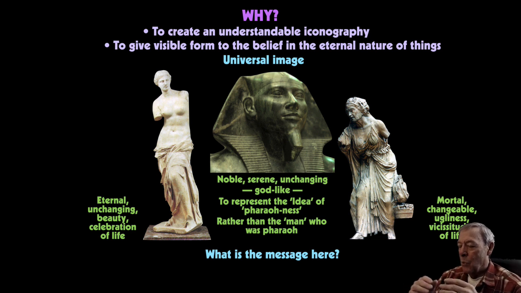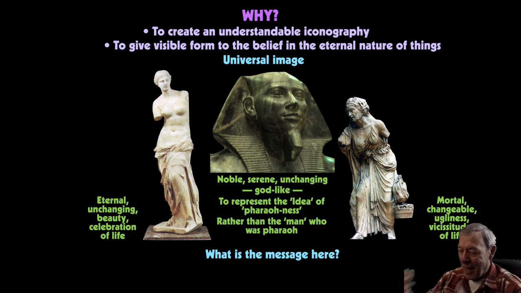And as we examine Egyptian, especially Egyptian pharaonic art, you'll see that there's that consistency that's maintained from century to century to century because the idea doesn't change. And so the artwork that expresses the idea doesn't change either.